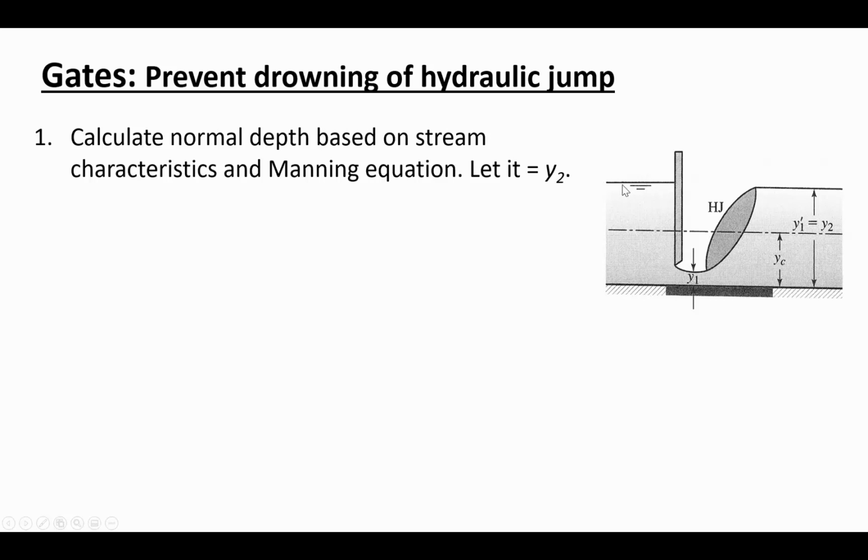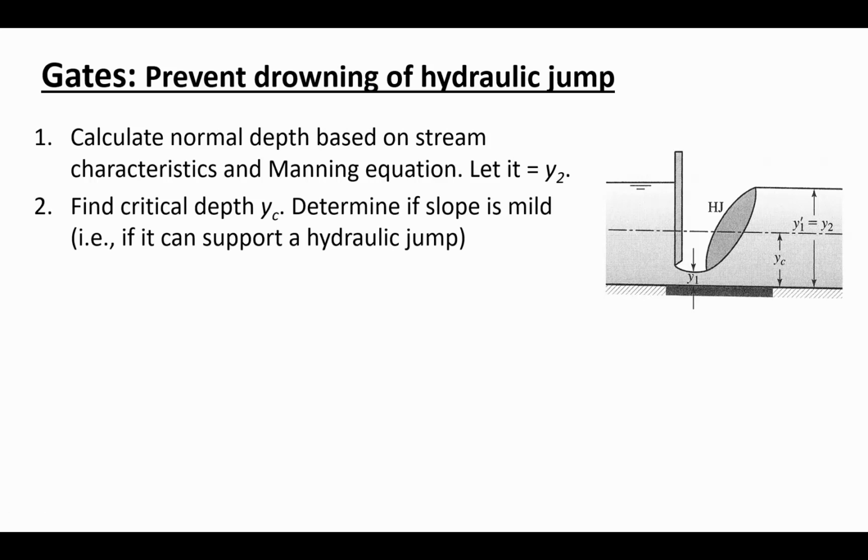So there's this depth, but then the water contracts down to Y1, which is the upstream depth prior to the hydraulic jump. And then the hydraulic jump goes up to Y2, which is also the normal depth of the channel. If that's not the case, then we have situations where the hydraulic jump is either closer or further away from the gate.